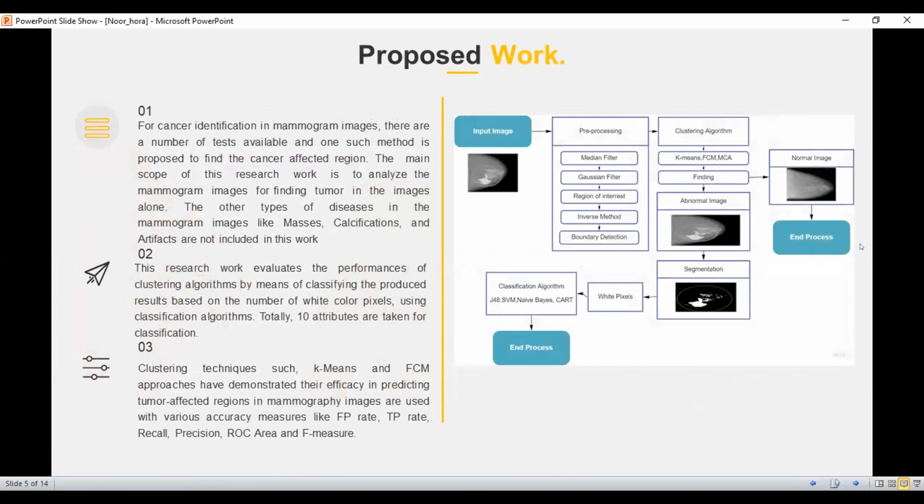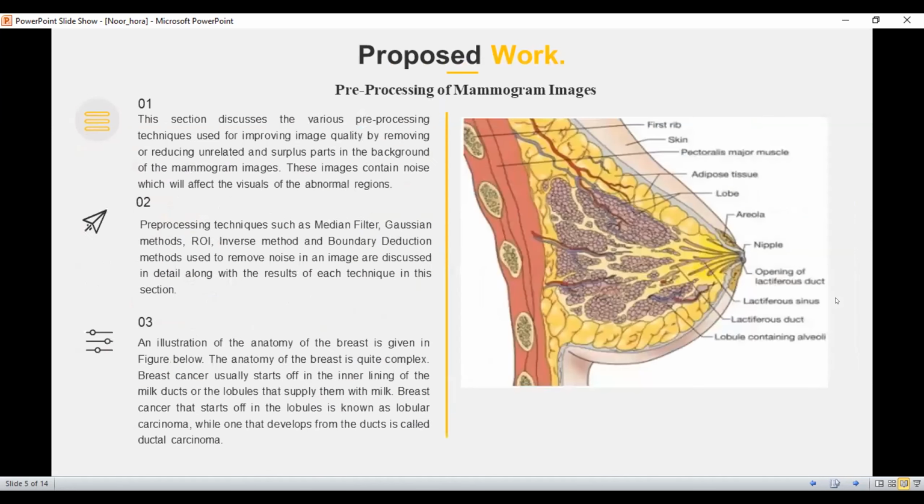The main scope of this research work is to analyze the mammogram image to find the tumor in the image alone. Other types of disease in the mammogram image like masses, calcification, and artifacts are not included in this work. An illustration of the anatomy of the breast is given in the figure below.